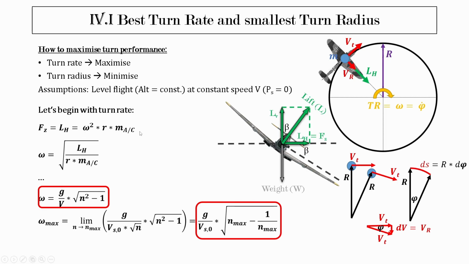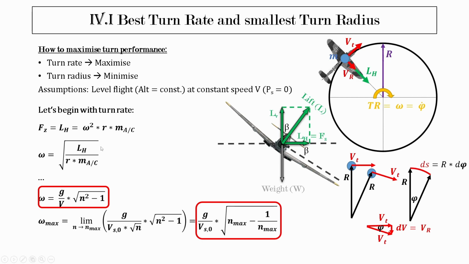And what we've worked out in the previous video is how the centripetal force is connected to turn rate and turn radius using Newton's laws of motion. F equals m times a, and omega squared r is a. So that's our circular acceleration. Now using that equation we can solve for omega, which is our turn rate, and then we get to here.